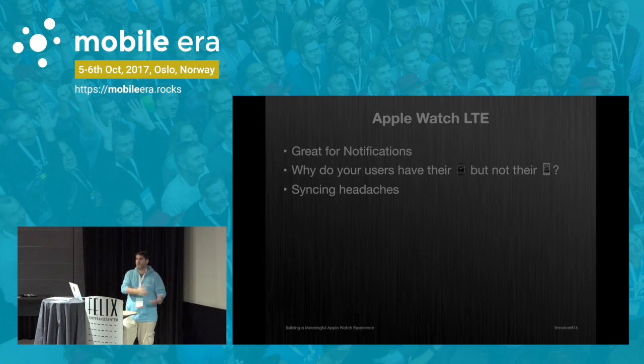You could go from the watch to the phone to the server, or you could go from your watch to the server and then back down to the phone. That can create a whole lot of different complications for you, where you might be duplicating data if you're not careful. You might be causing yourself to make more server calls if you're not aware. So be aware of the potential for there to be dragons there, so to speak, and make sure that you're aware of that.